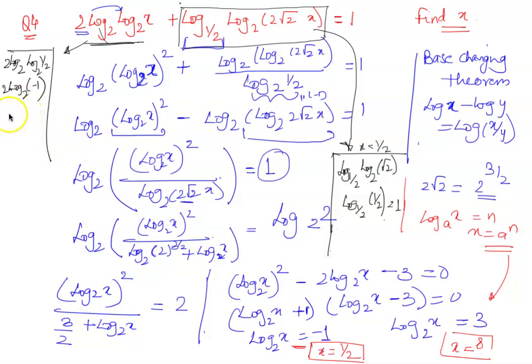Now log of a negative number is not defined, hence x cannot be equal to half. If you put x equals half, this log is not defined, so this is not feasible. So the only solution is x equals 8.